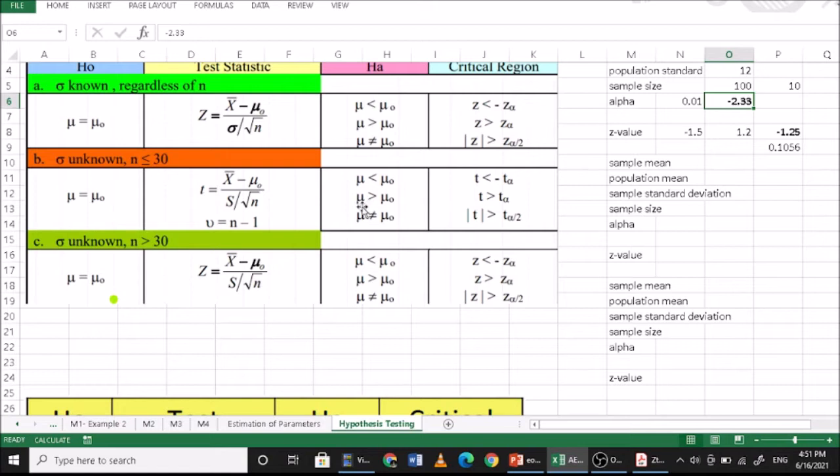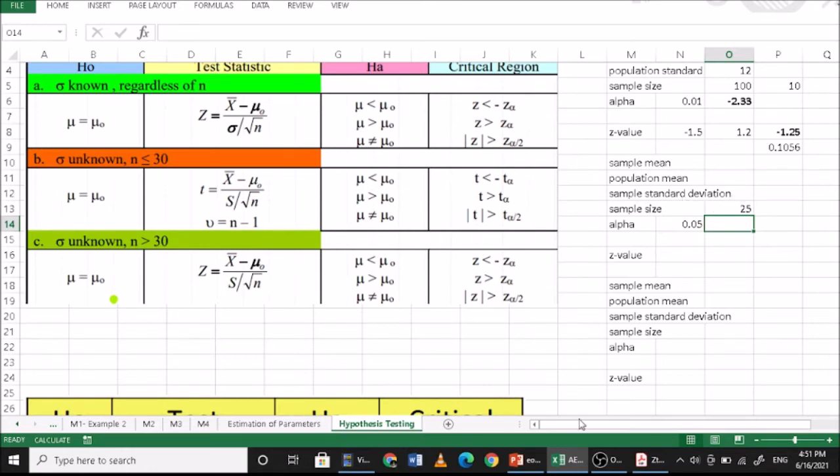Our HA is mu greater than mu 0 and our critical region is t greater than t alpha, where alpha is 0.05. Our degrees of freedom is n minus 1. Our sample size is 25, so the degrees of freedom is 24.